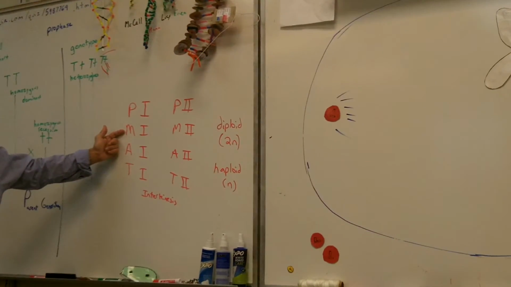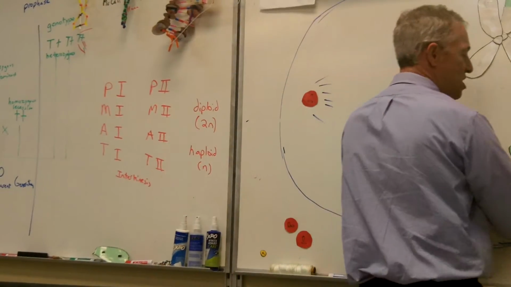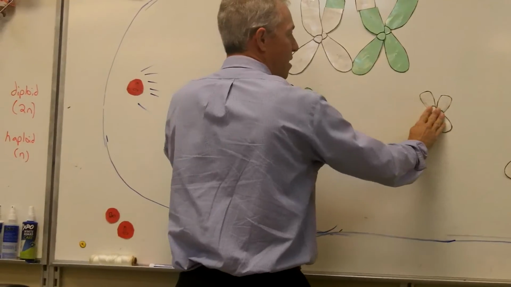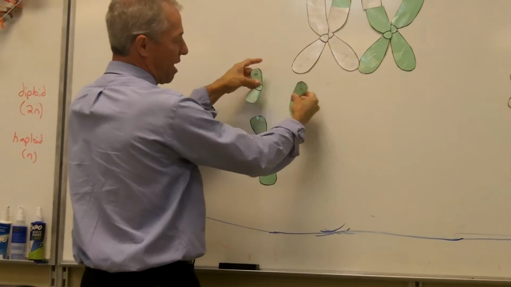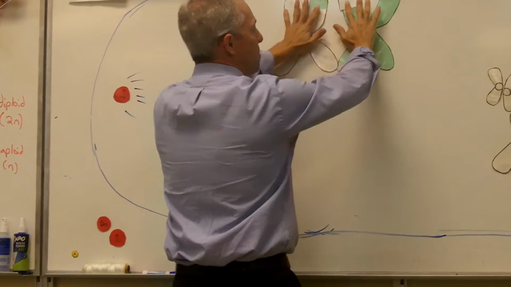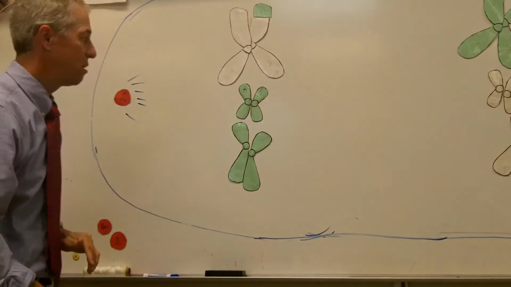What's the next phase? Anaphase. Anaphase 1, the chromosomes separate and move to opposite sides of the cell. But I want you to notice that it's not breaking apart in the middle like in mitosis. It's each member of the homologous pair separating and moving to opposite sides.